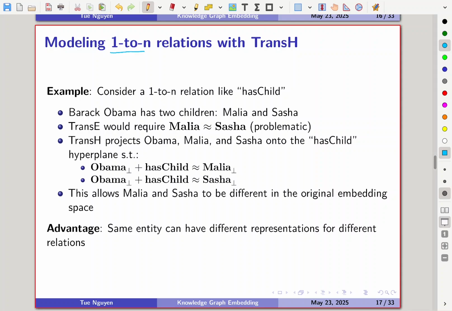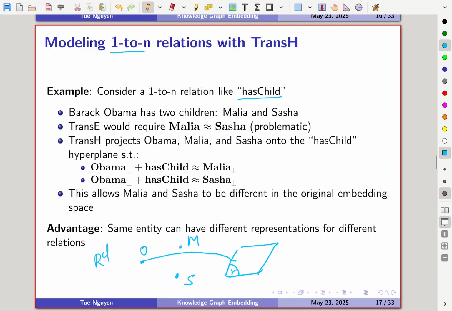For example, we consider again the example of the relation has child. Assume we have an embedding for Obama in R^d here, and we have another embedding for Malia, another embedding for Sasha, right? And this is the plane for relation r, has child.